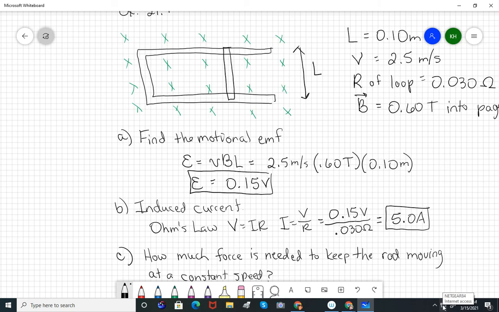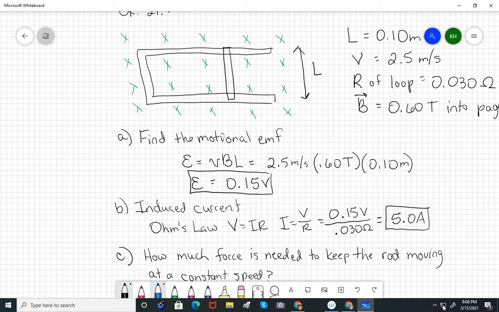if we use Lenz's law, let's use Lenz's law for a minute. If the area is increasing, then the flux through the loop is increasing. And we know that we get a current, a blue current, going around in a circle like this.